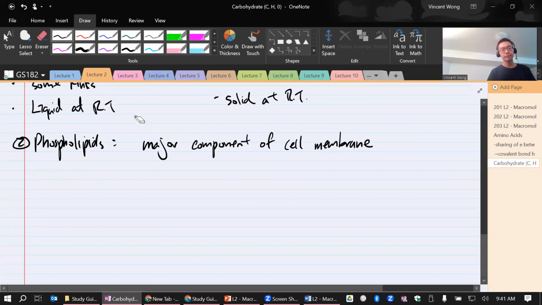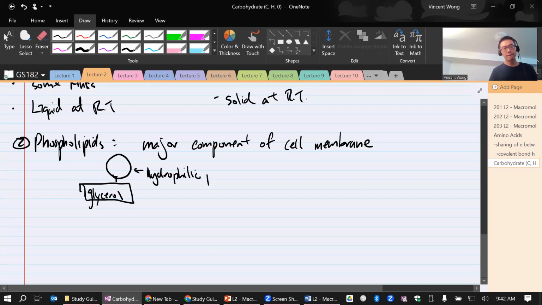It has a glycerol. It has a polar head, right? The phosphate. I also write hydrophilic phosphate head or group, doesn't matter what you want to call it.